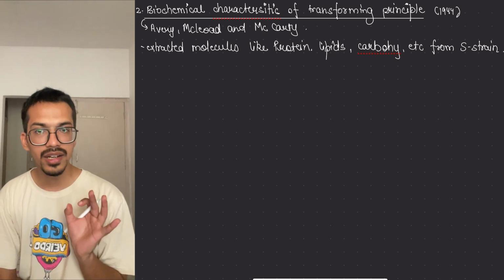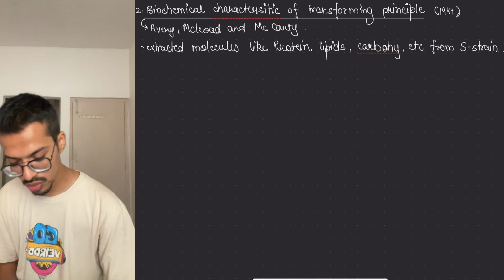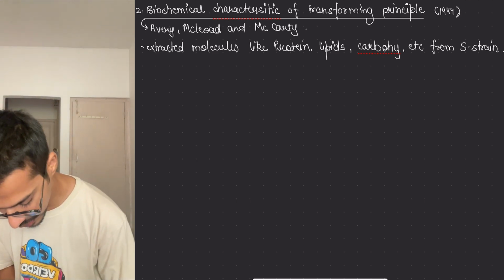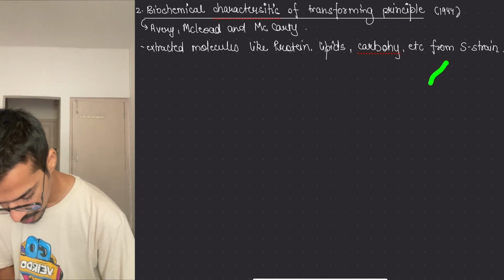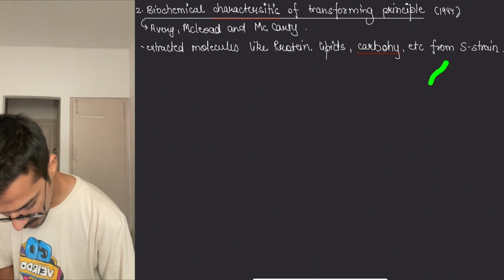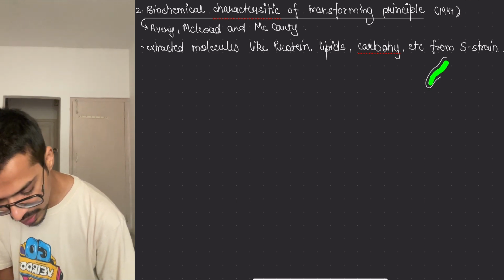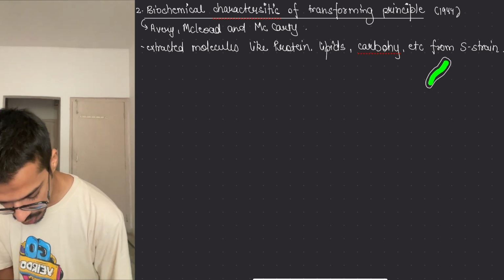So we have already taken out the molecules from the S strain. I am making an S strain over here, and I am the person who is taking out molecules from it.